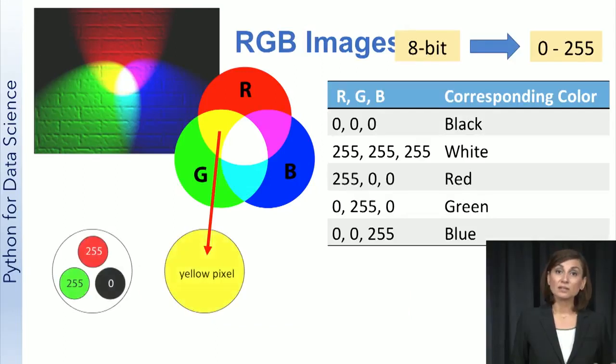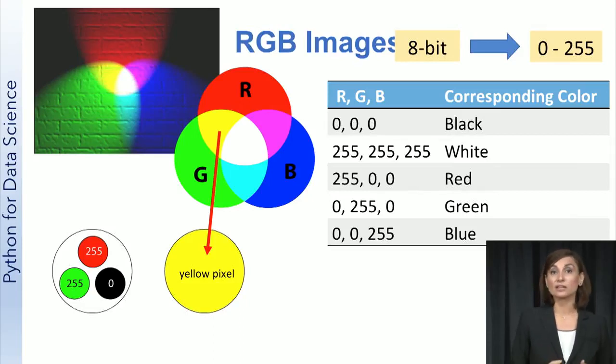Since each number is an 8-bit number, the values range from 0 to 255. For example, a yellow value can be identified by 255, 255, and 0 for RGB, as we see in this diagram. If all three values are at full intensity, that means they are 255, it shows as white.